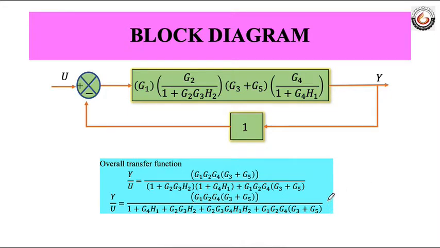You can do the simplification yourself and check. So this is the overall transfer function of the system, and that is what we did: we started with a very complicated block diagram, used the rules that we studied in the previous class, simplified the whole block diagram and finally arrived at the transfer function.